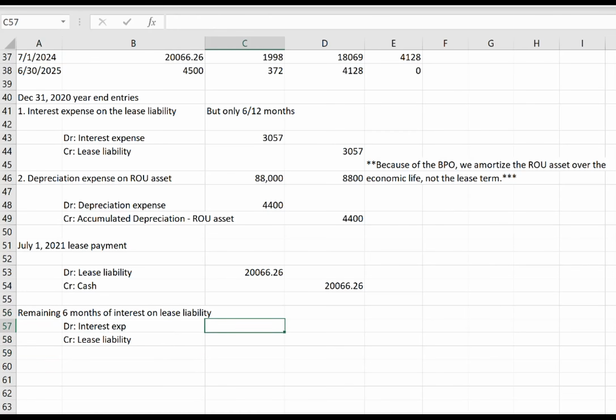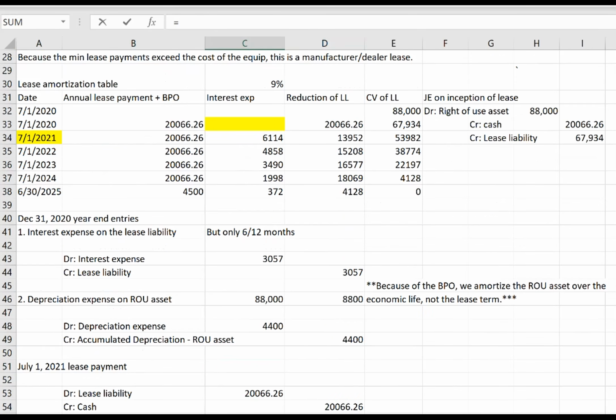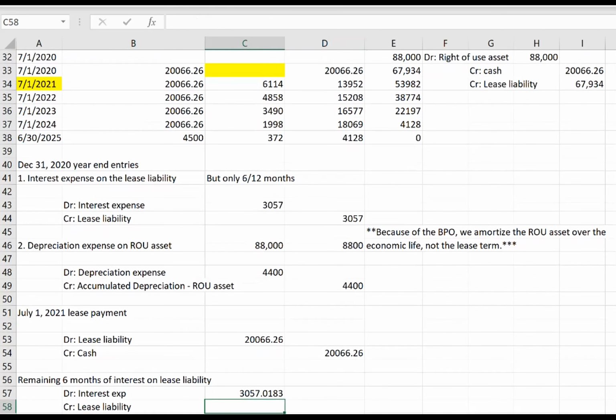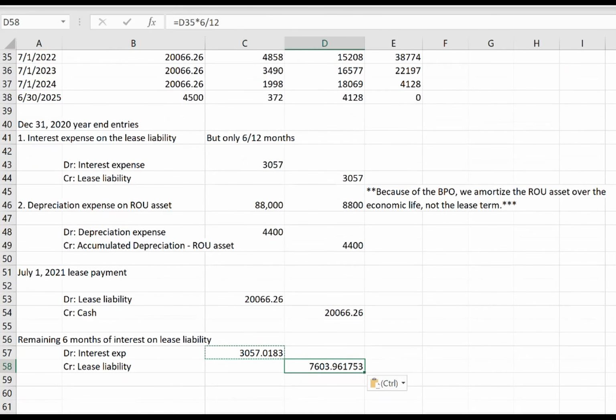So we're going to say this is going to be the exact other 6 months. Remember how we had used this number before and we had said times 6/12. It's the exact same, so we're going to use that same number down here again. Just ignore my rounding. I would just take out the cents there, but that's the entry, okay?